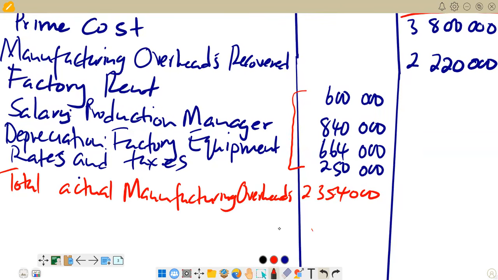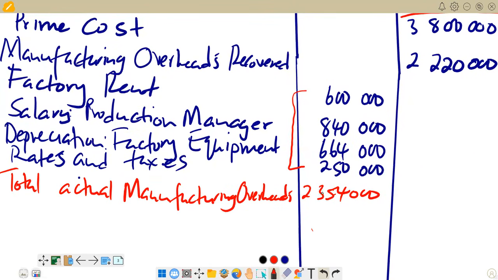If this figure was smaller than this one, it means we were supposed to add the difference here. We find the difference between the two, then we put the difference here and show it as a positive figure. We add it to this one to get this one. But this instance is the reverse. We have got a greater actual manufacturing overheads, so we are going to subtract.